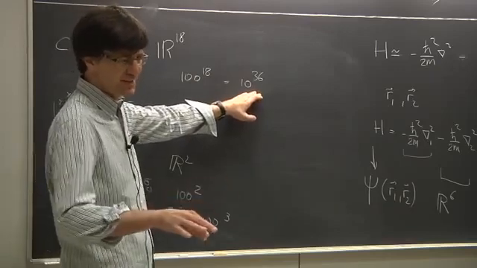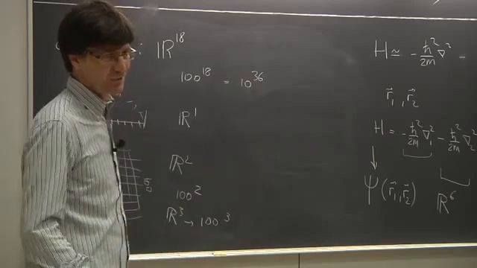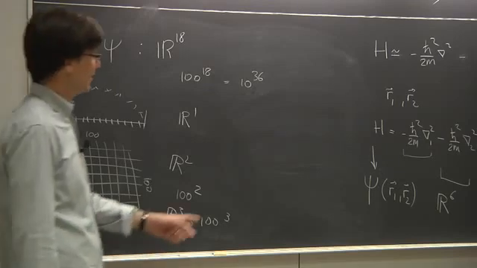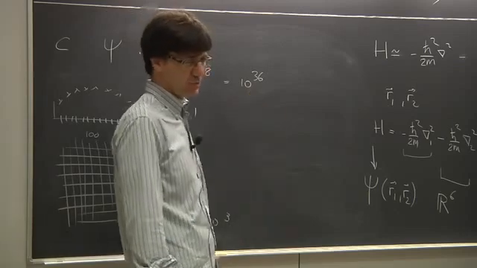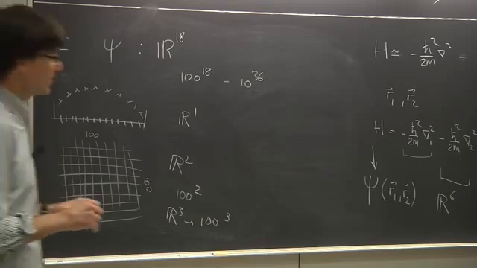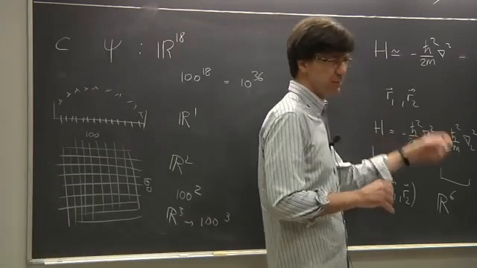There's no storage place that will allow you to store 10 to the 36 real numbers. No big database, no big hard disk will allow you to store 10 to the 36 real numbers, just storing the value of the wave function, not yet even trying to solve the problem.